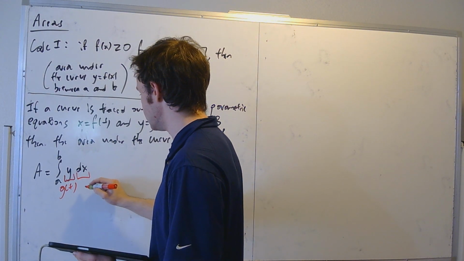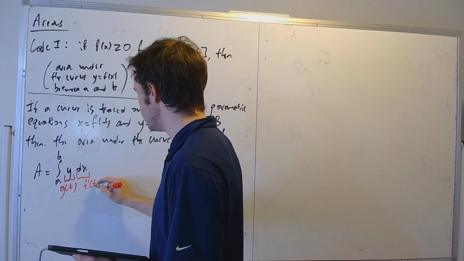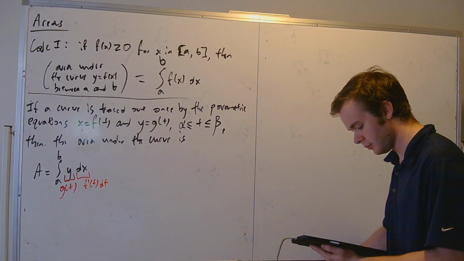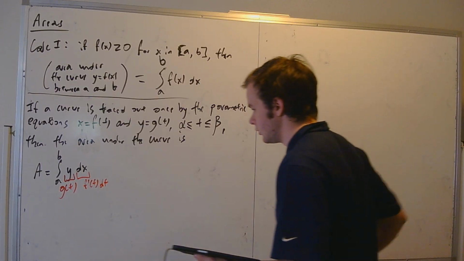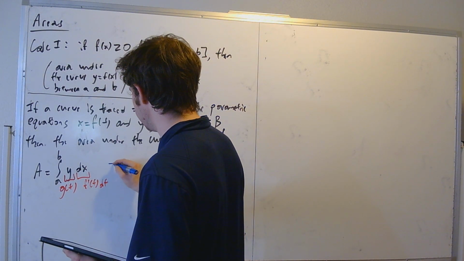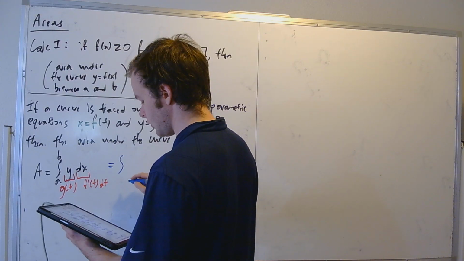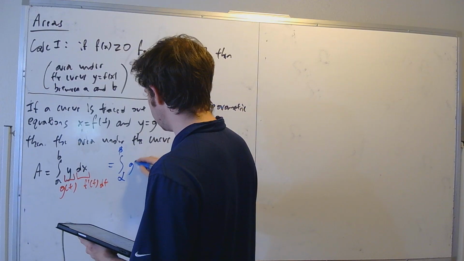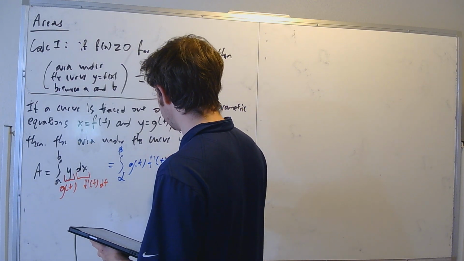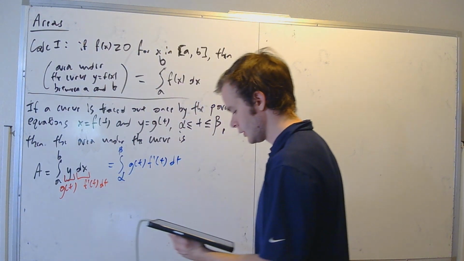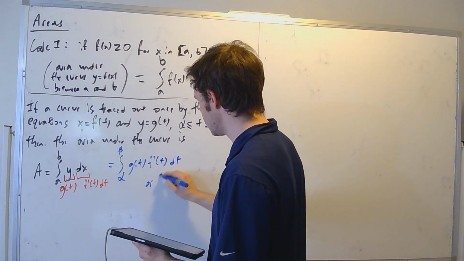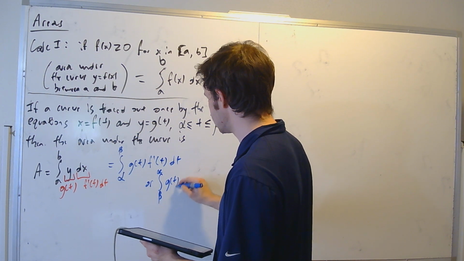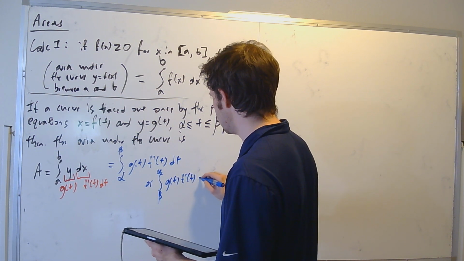So we can just rewrite our integral in terms of t. Then we're going to get the integral from alpha to beta of g of t times f prime of t dt, or the integral from beta to alpha of g of t f prime of t dt.